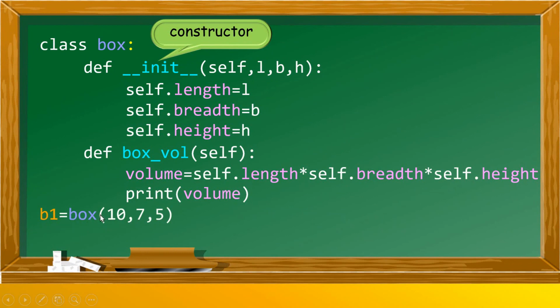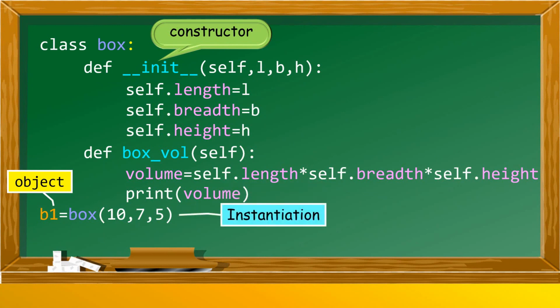B1 = Box(10, 7, 5). Here B1 is the object, and as I have told you already, this statement in which the object is created is called instantiation.